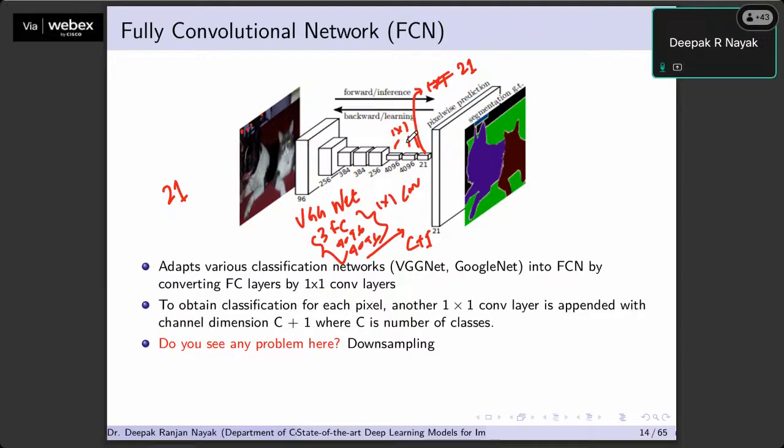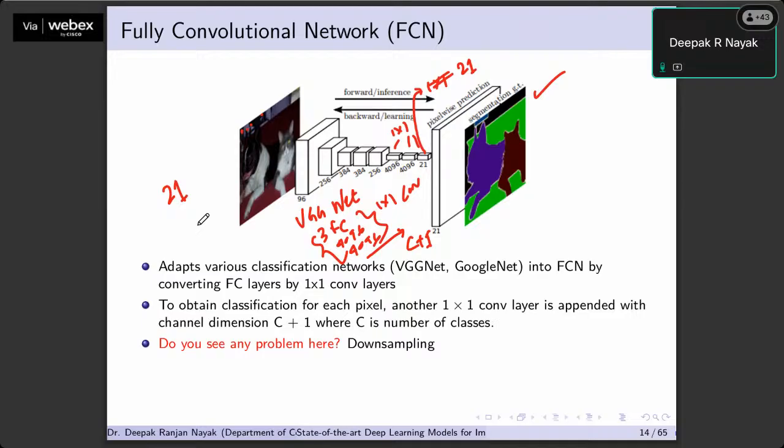In segmentation, the output is not a set of probability values, which we have seen in classification. The input is an image, and the output is also an image. The output resolution should be the same as the input resolution, because you are assigning a label to each of the pixels of the input image.